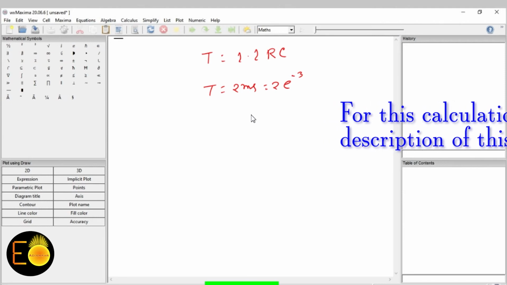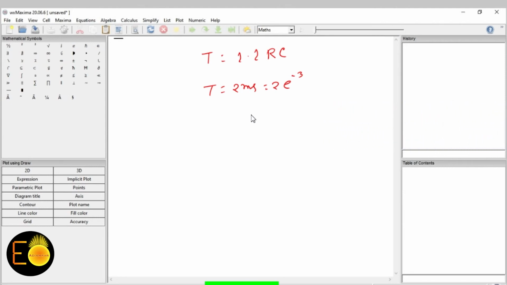So that is the expression I'm going to use in Maxima. And I should calculate R for a given value of C. I'm going to take C as 0.1 microfarad. Now with these values of capacitor and time, what will be our value of R? That is the thing I'm going to calculate. It's a very simple calculation. So let's see.